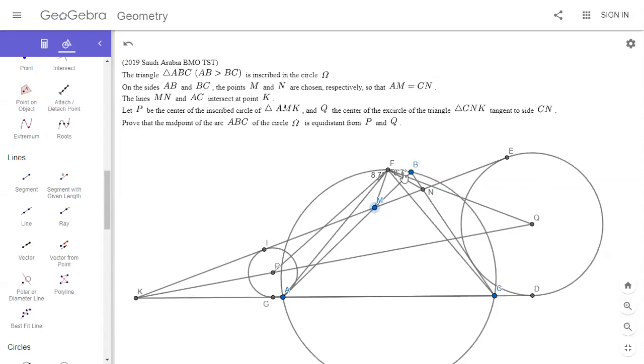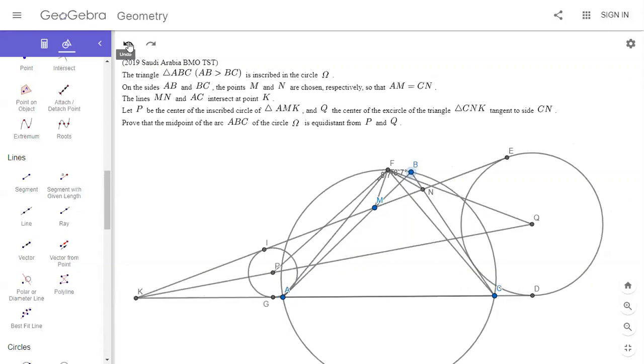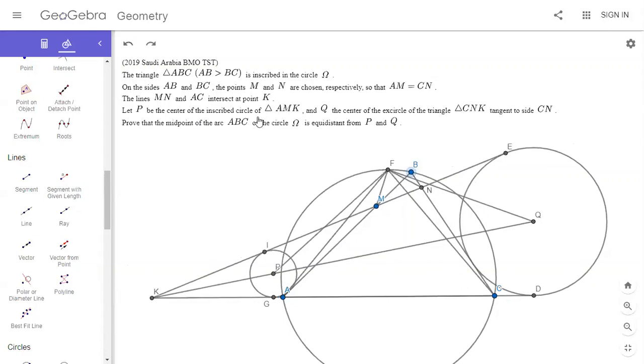So, yeah. Yeah, that's quite surprising to me. I don't see immediately why that's true.